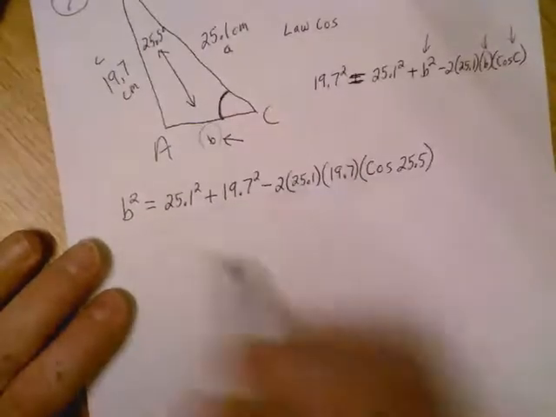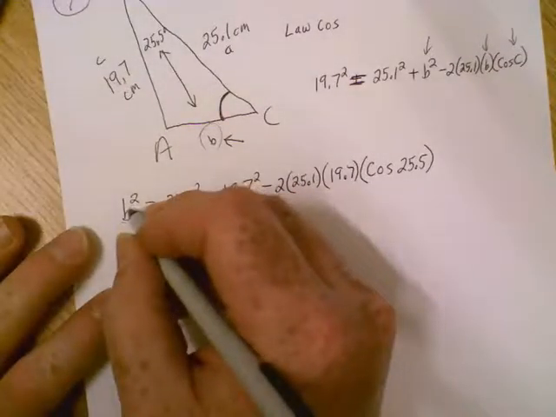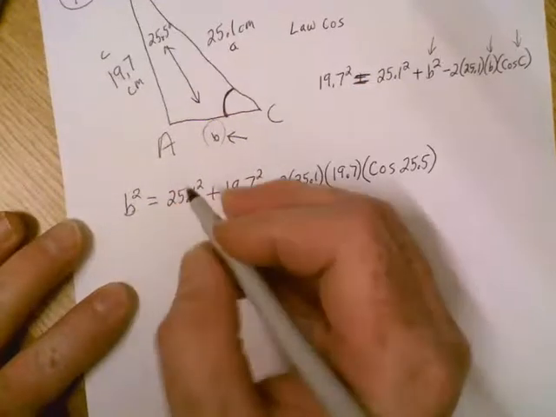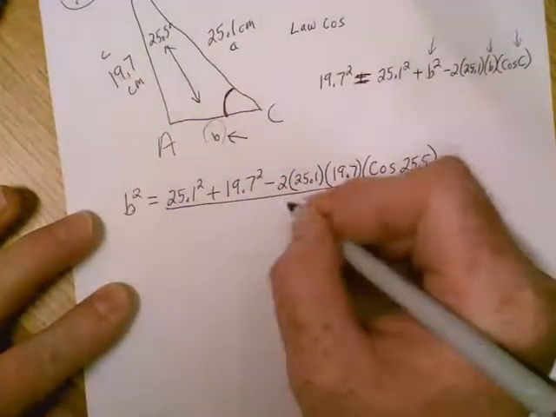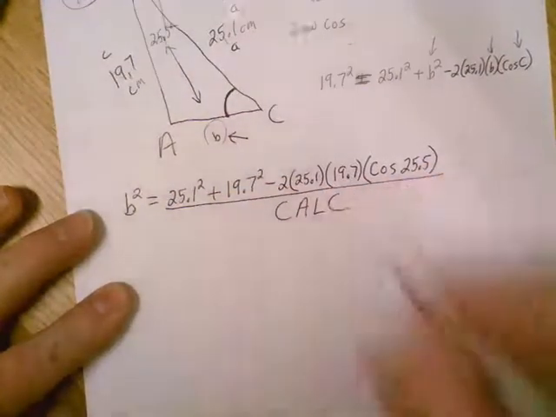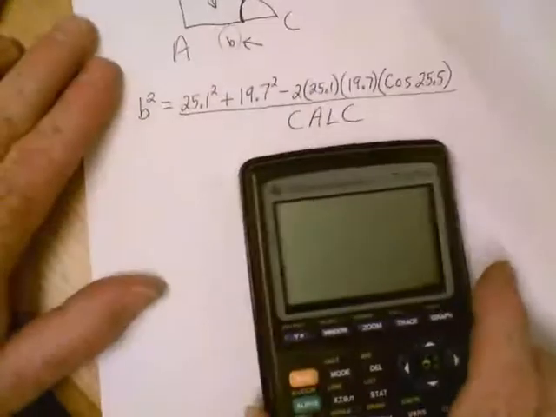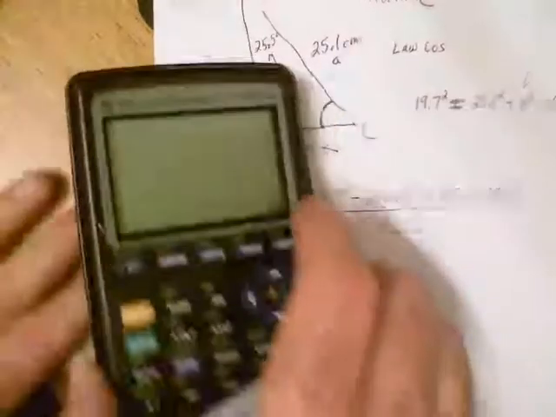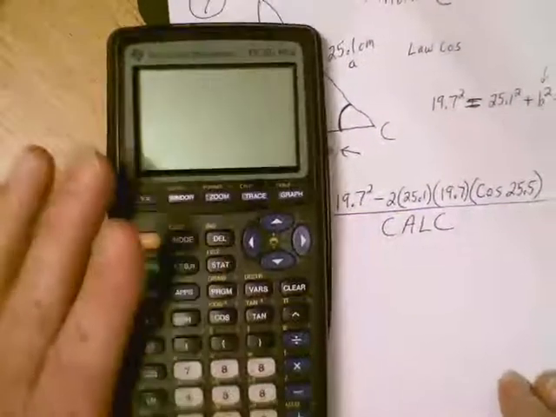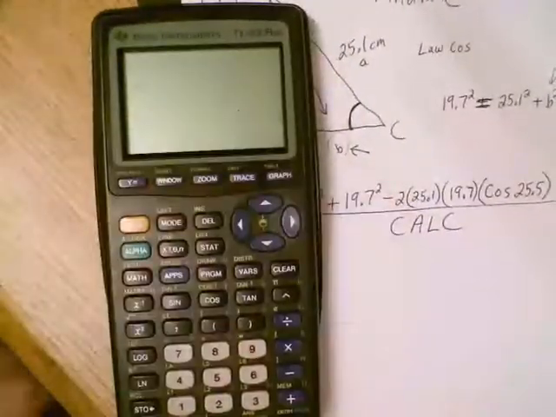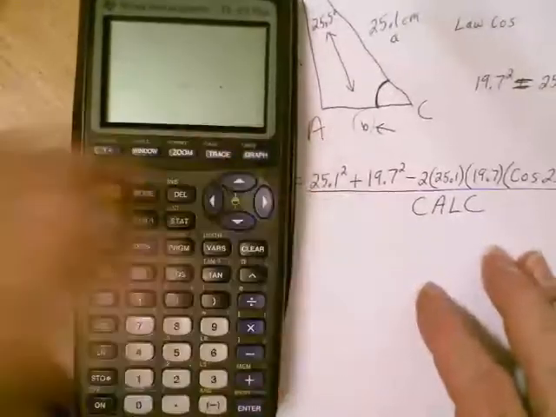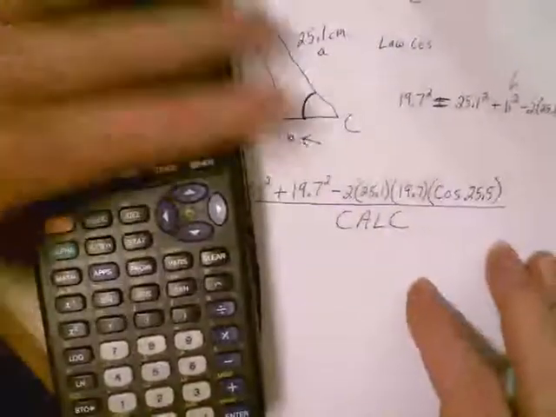This isn't too difficult because since we're finding a side using the law of cosines, you're just going to stick all of that right there into your calculator, just like it is. So I grab my calculator and I'm going to punch in exactly what it says here.